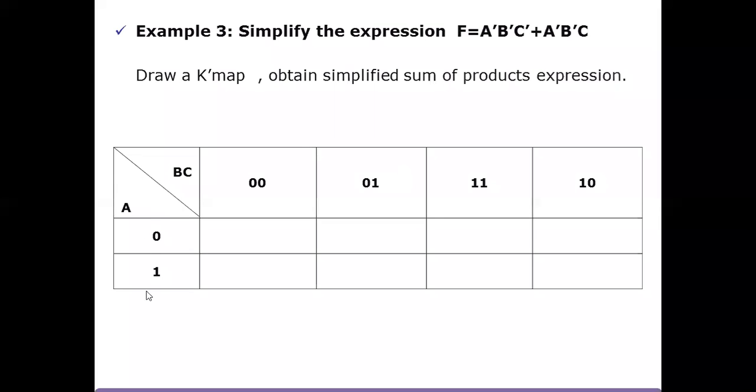So this is the pre-table, initial table with initial values. So you can fill out the boxes and try to develop the grouping. You can go for grouping and then write out the corresponding min term and then simplify the expression.